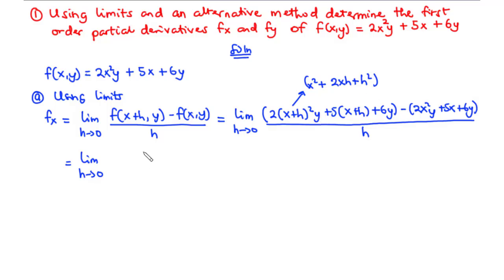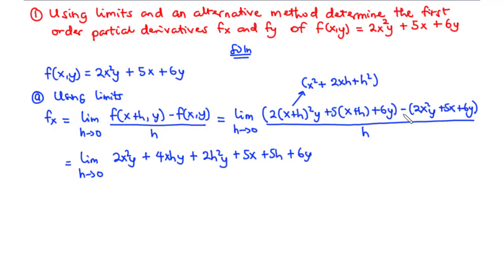So we are going to have 2 times x squared, so 2x squared, and then times y, plus 2 times 2 will be 4, so 4xh and then times y, plus 2 times h squared, so 2h squared and then times y, and then plus 5 times x, which is 5x, 5 times h, 5h, plus 6y.